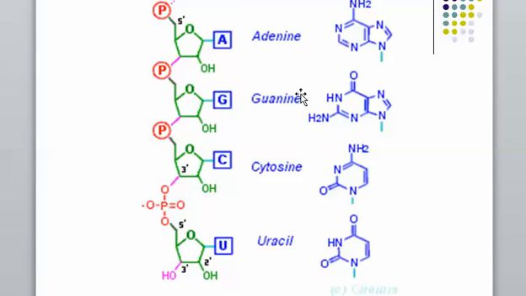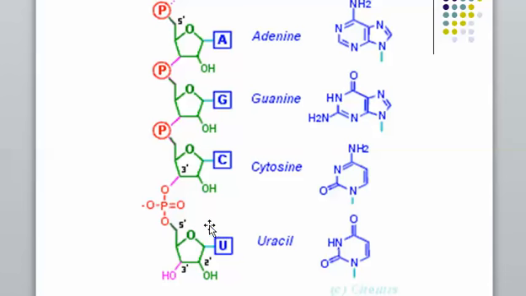So if you take a look at the basic fundamental hookup of the DNA backbone, this is what you're going to see. Here we see all of the bases that are kind of pointed off, A, G, C, and U. So we're talking about uracil here, meaning we're probably referring to RNA.